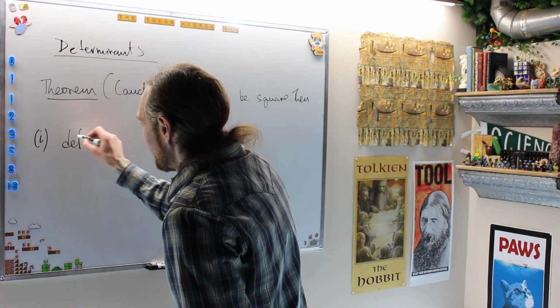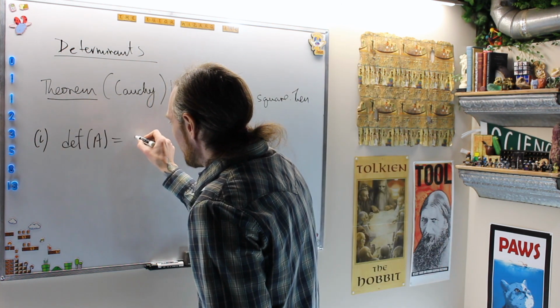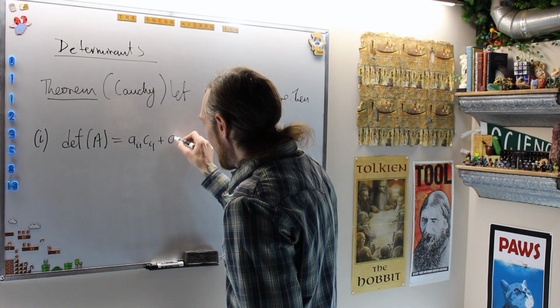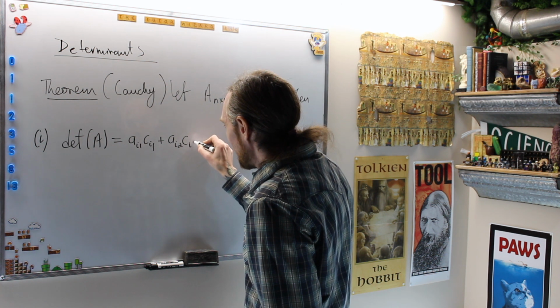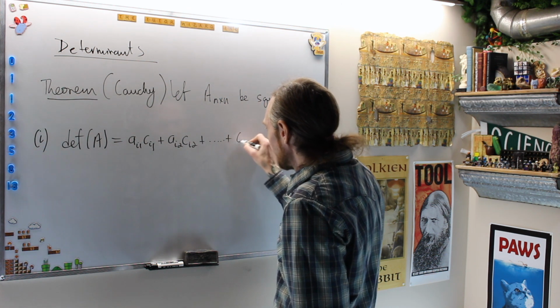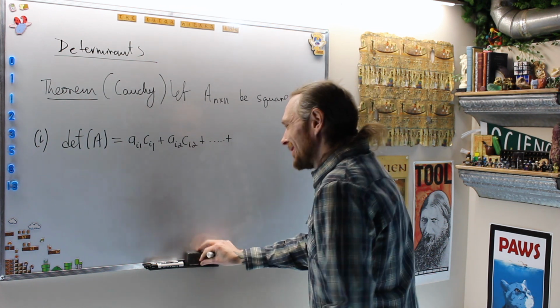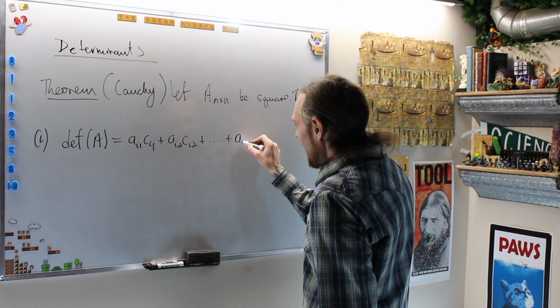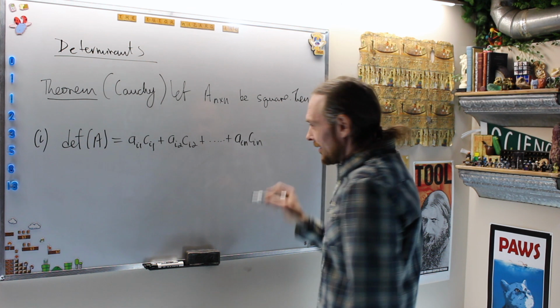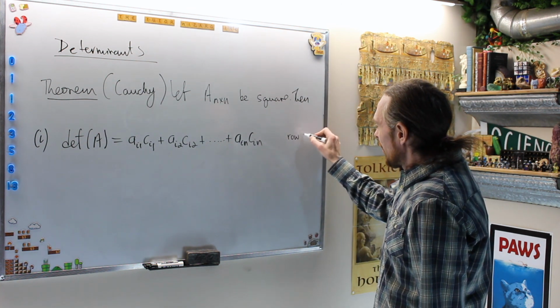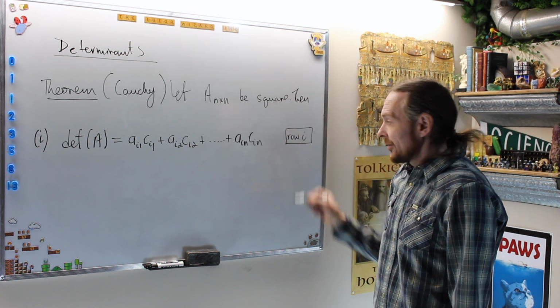The determinant of A is equal to Ai1 Ci1 plus Ai2 Ci2 plus dot dot dot plus Ain Cin. That's row i cofactor expansion.